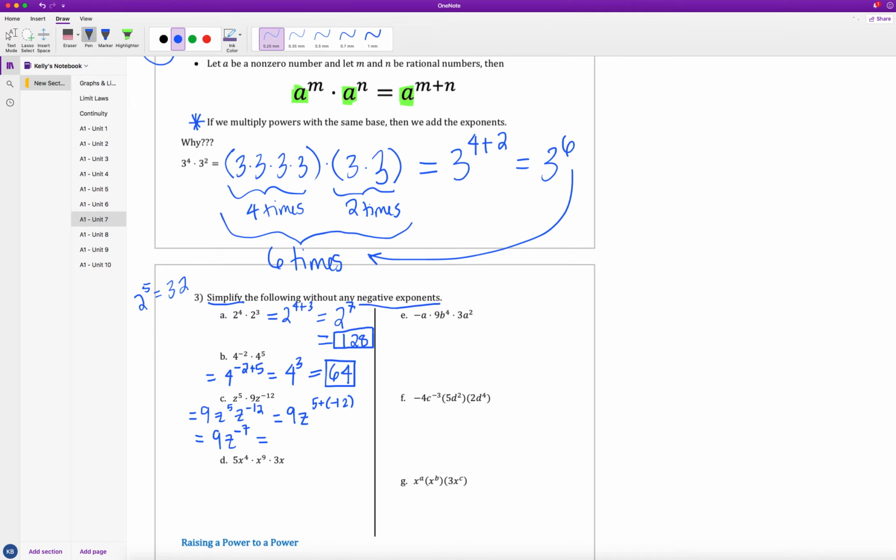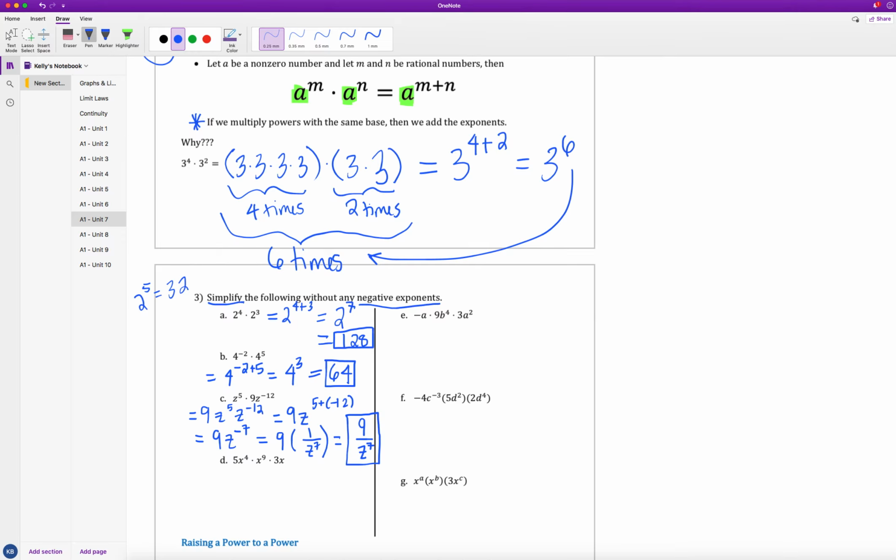In this case, that 9 is not being raised to the negative 7, so the 9 is never going to change because it's not being raised to the negative 7th. But I can flip the z over and make it 1 over z to the 7th. And then because we want to write this as one fraction, I'll have 9 on top over z to the 7th in the denominator. And that will be our final answer for part C.